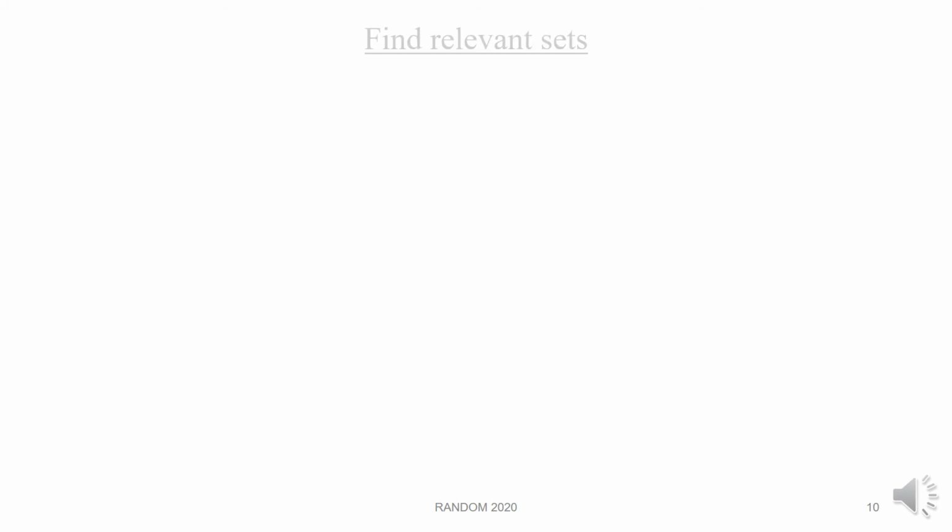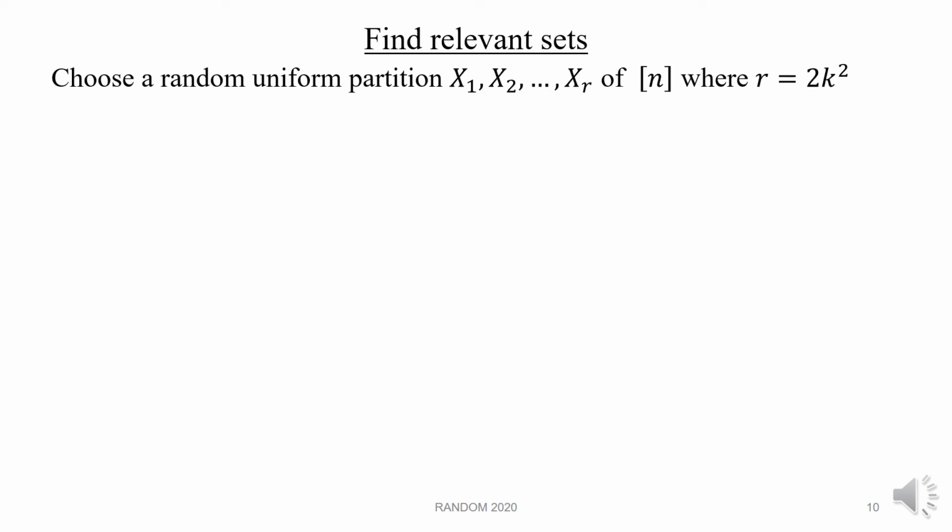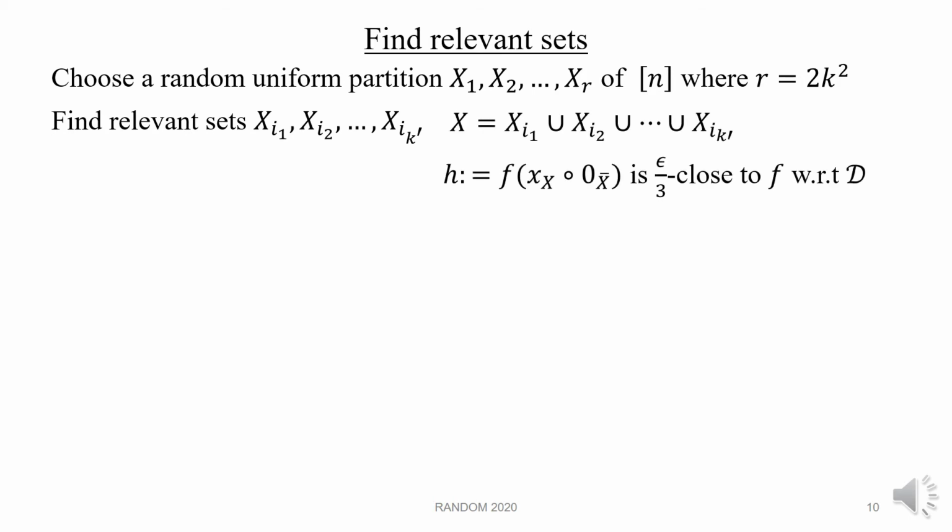Okay, so now how do we find the relevant sets? We said we take a random partition. We want to find enough relevant sets such that projecting those sets to the vector x and the other sets to 0 gives a function that is close to f with respect to d. So now the algorithm. Suppose at some stage of the algorithm we found the relevant sets xi1, xi2, ..., xij. Let those sets be the relevant sets and the others the remaining sets.